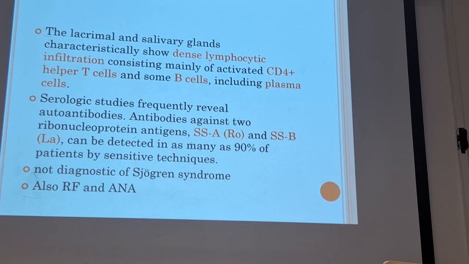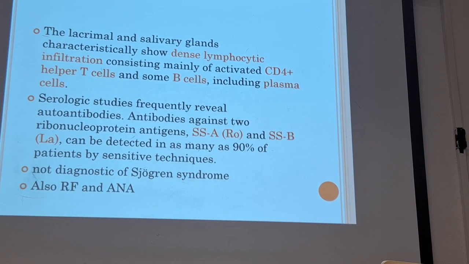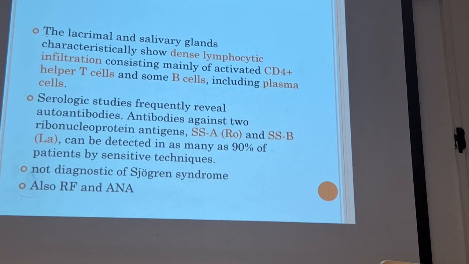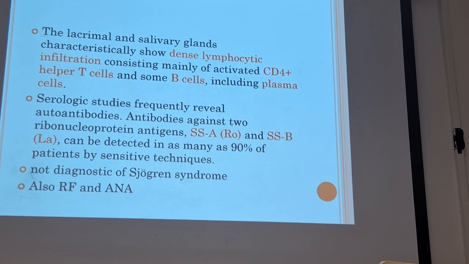Do you know what RF is? Rheumatoid factor. Rheumatoid factor is mostly positive in RA, rheumatoid arthritis. Is it also positive in lupus? Sometimes yes, because it is not specific.